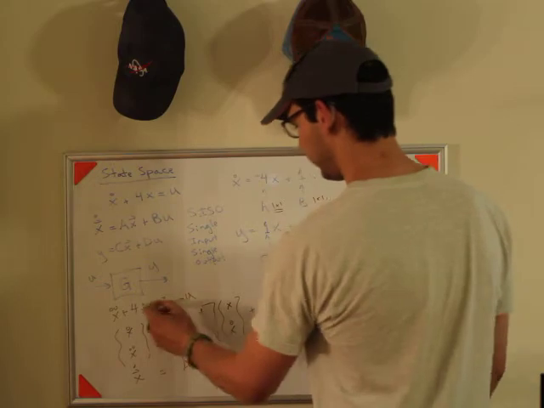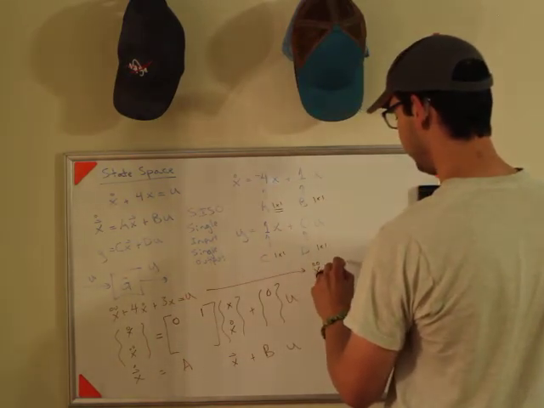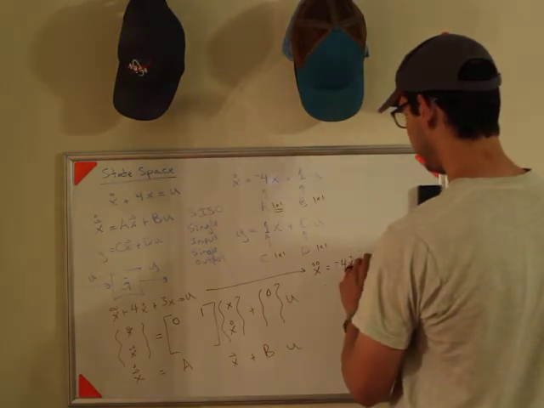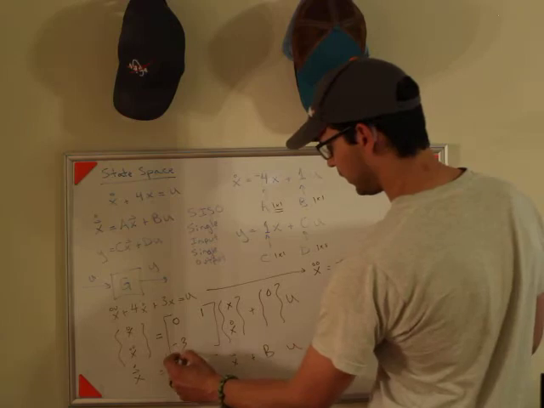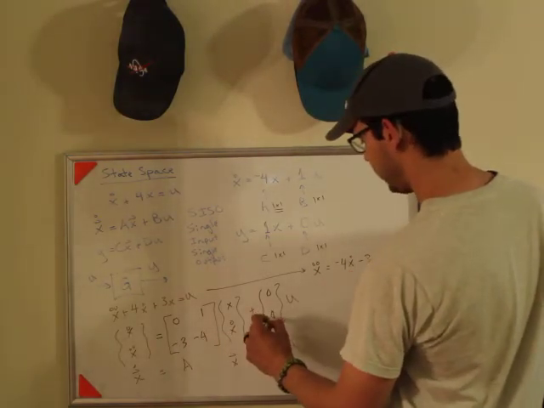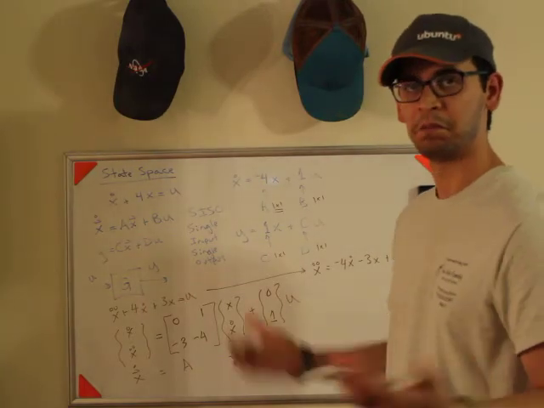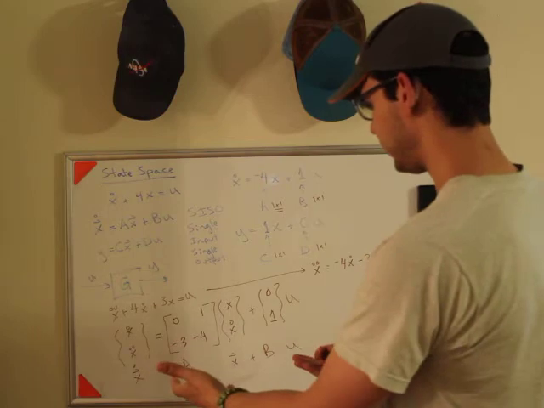For your x double dot equation, all you need to do is just rearrange this equation, and you're going to get x double dot is negative 4x dot minus 3x plus u. So that means there is a negative 3 times x, a negative 4 times x dot, and a 1 times u. Pretty simple, okay? And there's your system in state space, okay?